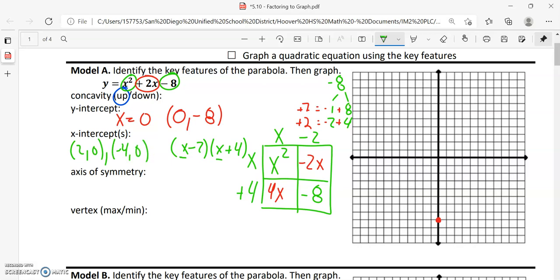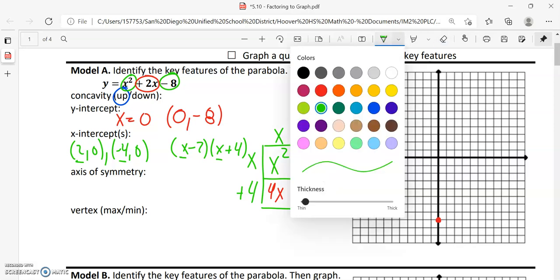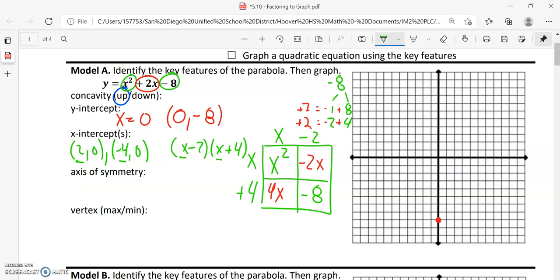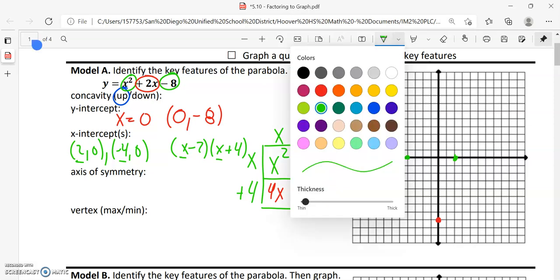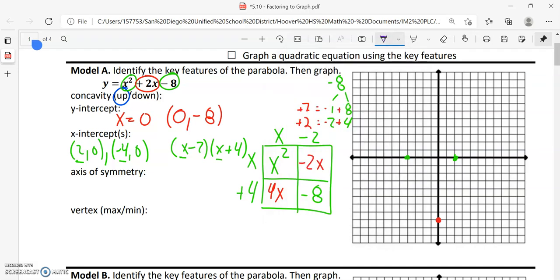Axis of symmetry. We add our two x-intercepts up, so 2 and -4. Oh, actually, while I got my green pen out, we'll plot our x-intercepts. 2, 0, and -4, 0. We'll do this one in purple.